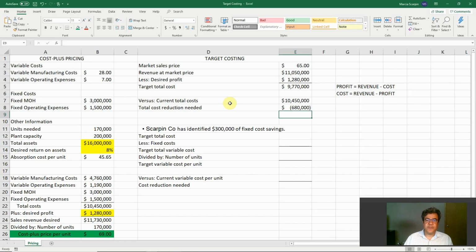Let's go back to our file. Skype Corporation has identified 300,000 of fixed cost savings. So how much is our cost now? Our cost now is our target total cost, 9.77 million, less our actual fixed cost.